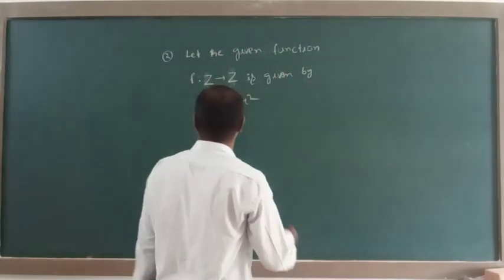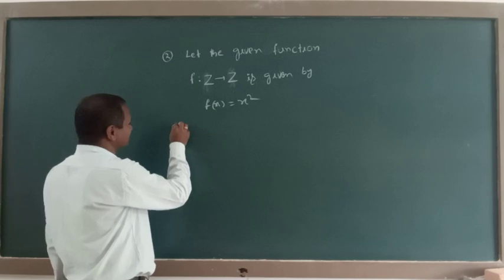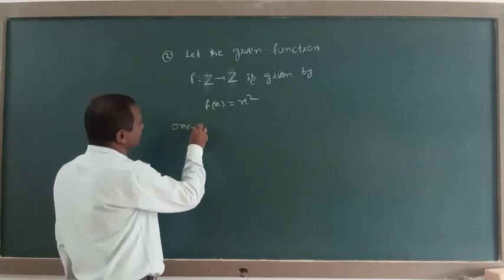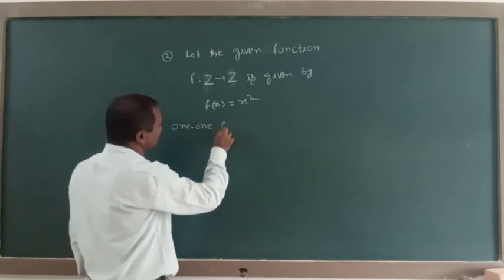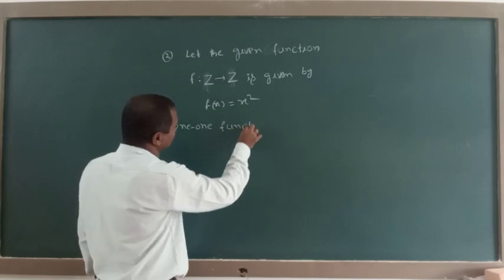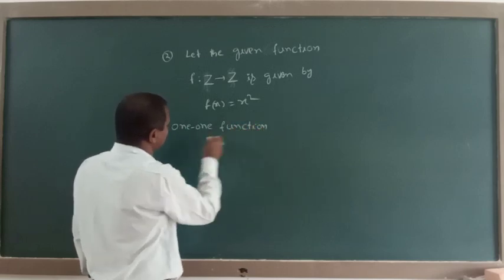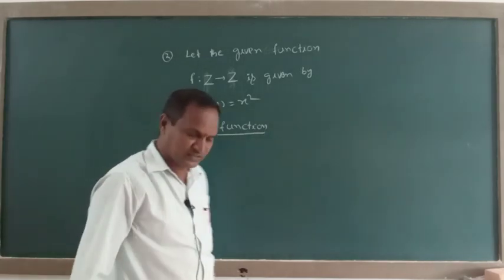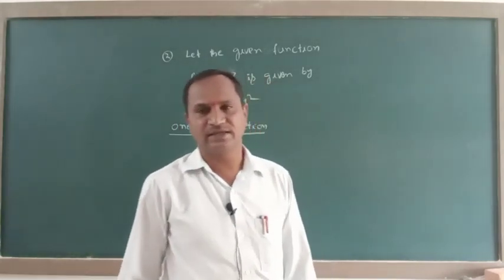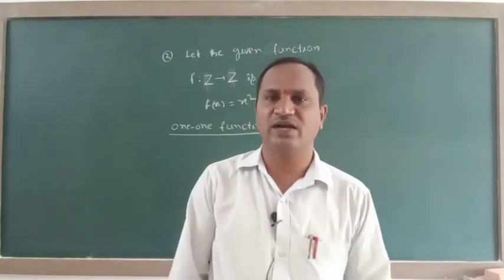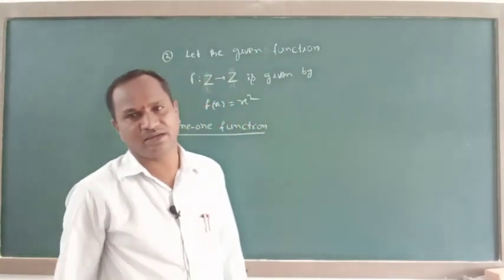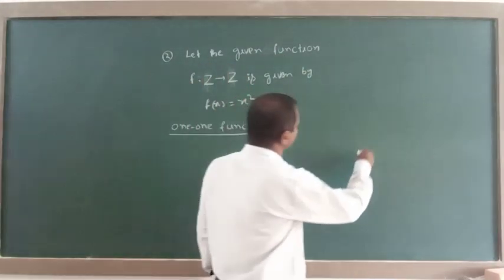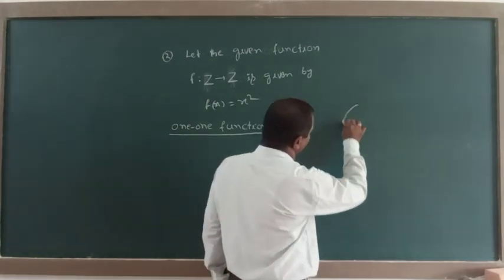Next, one-one function. Same as how we applied the procedure for the set of all real numbers, the same procedure we have to apply for this also. I am showing it diagrammatically here. It is the set of all integers.